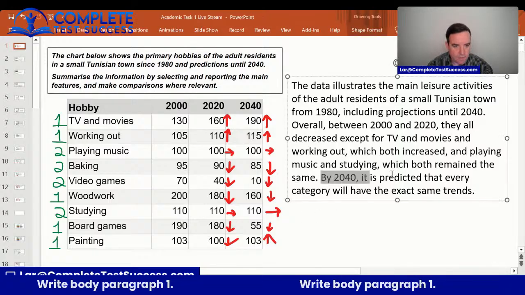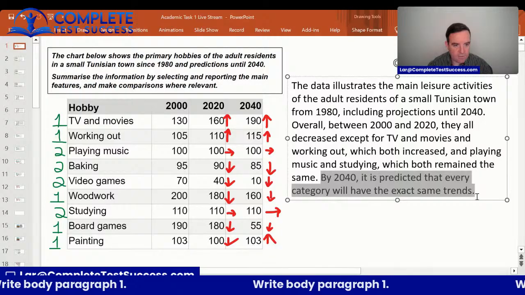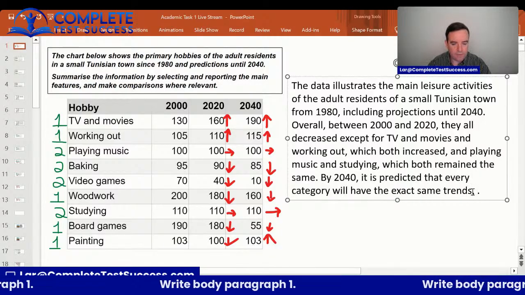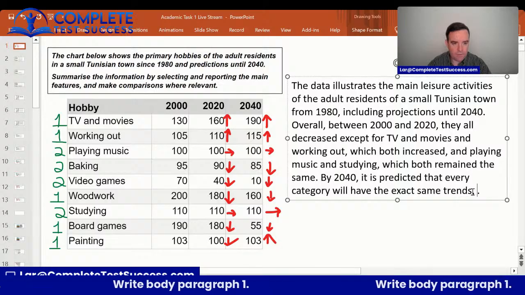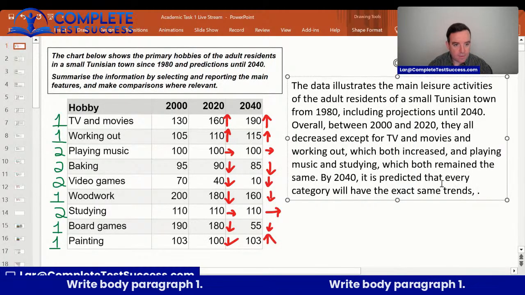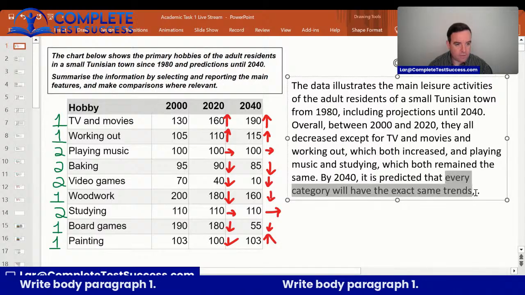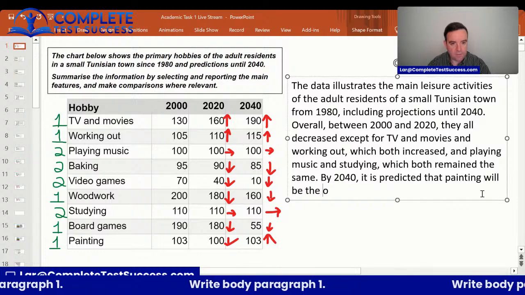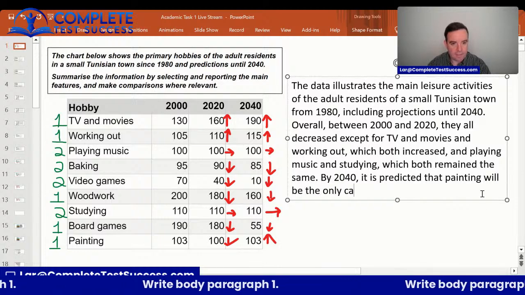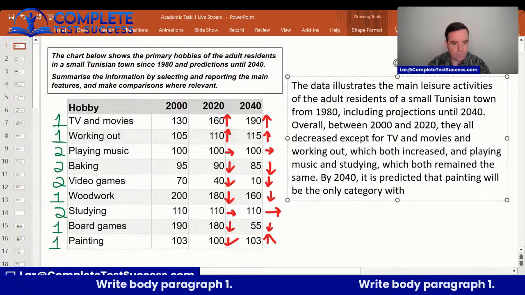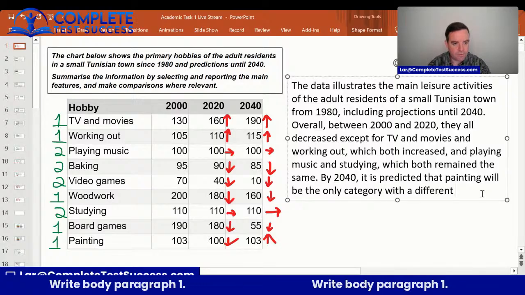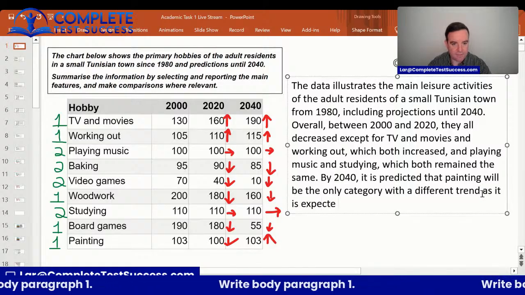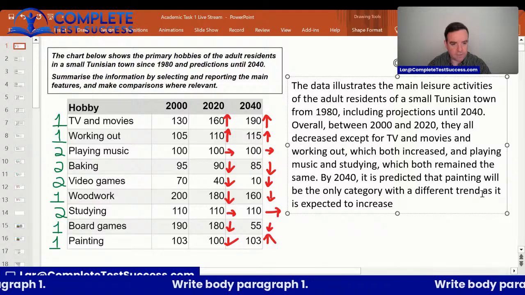By 2040, it's predicted that every category will have the exact same trends. Okay, so it is predicted that painting will be the only category with a different trend, as it is expected to increase slightly.